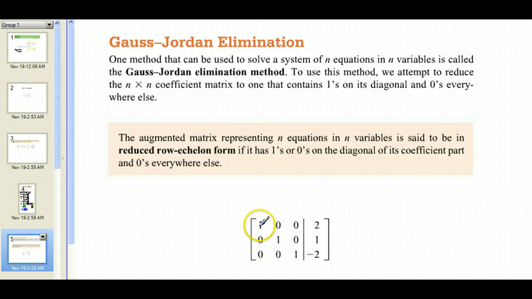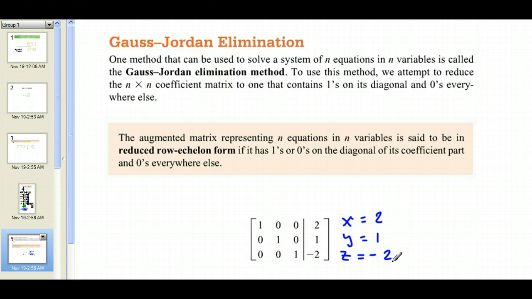solutions. Remember, this is 1x plus 0y plus 0z equals 2, or x equals 2. Alright, this is 0x plus 1y plus 0z equals 1, or y equals 1. 0x plus 0y plus 1z equals negative 2, or just z equals negative 2.